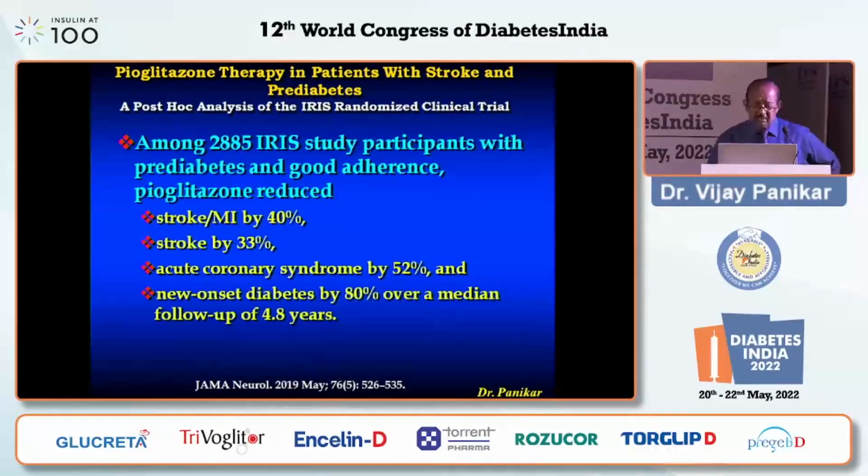Stroke itself by 33%. Acute coronary syndrome by 52%. New onset of diabetes by 80%. Now, that is the benefit you get by treating insulin resistance, which no other molecule gives. You can get your HbA1c to 5 and nothing will happen, you will die of hypoglycemia, nothing else. So this is the importance.